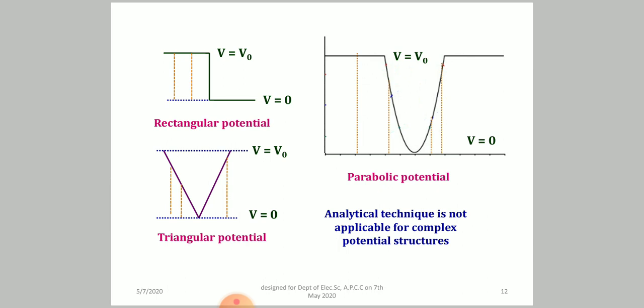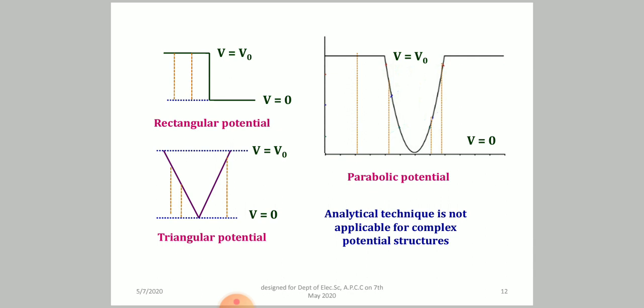But I can't say that for a triangular potential well. V equals V0 only at the corner, but as you approach V equals 0, it is changing at every point. That means if you take a vertical cross section at every point, you will get two different materials: inside it is the well material, outside it is the barrier material. But in the rectangular case, barrier and well are beautifully separated.